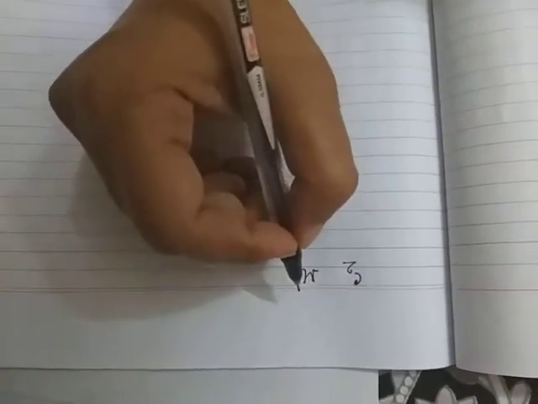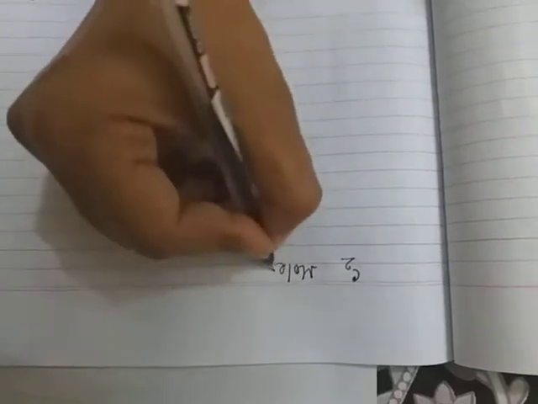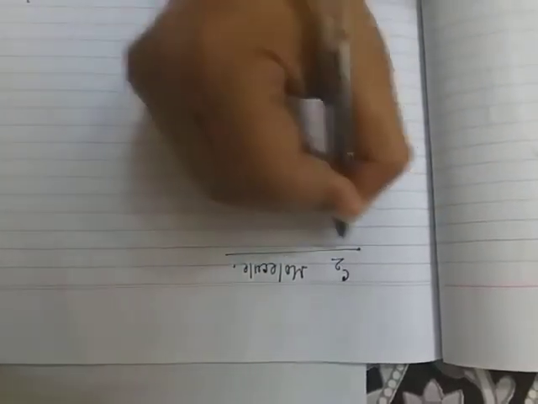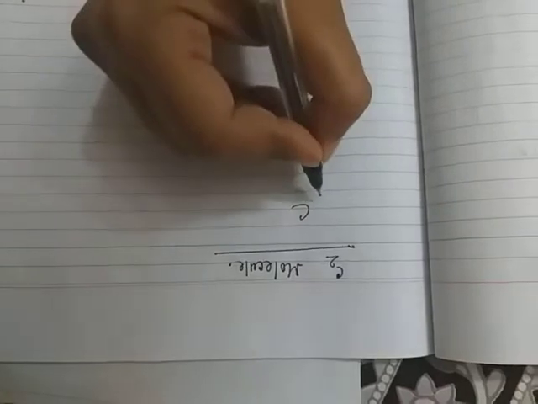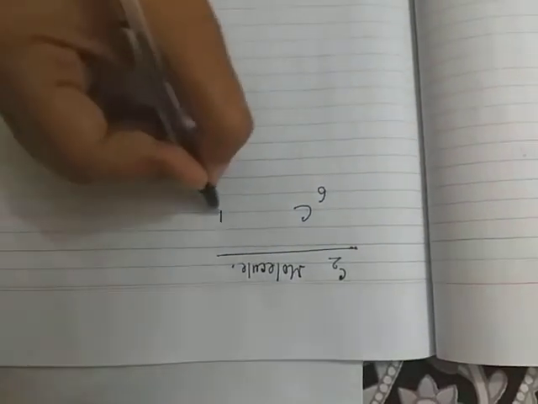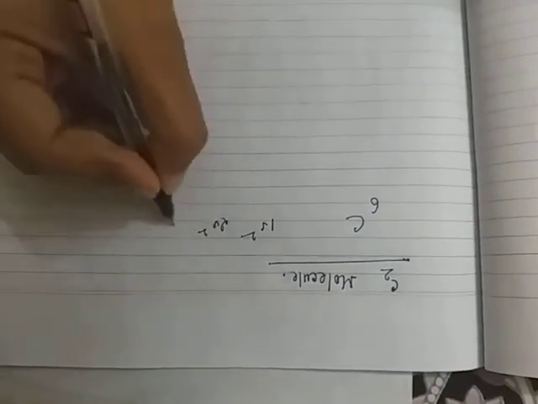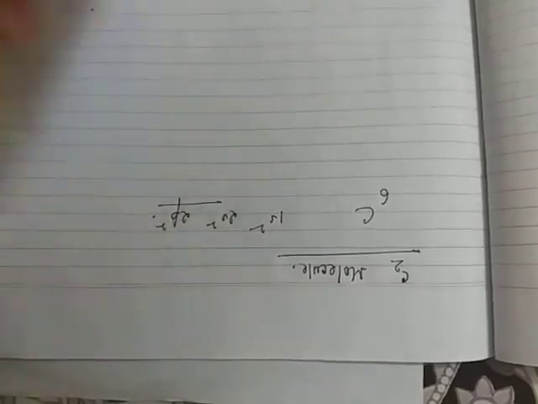Now come to the carbon molecule. Carbon has 6 electrons, 1s2, 2s2, 2p2.